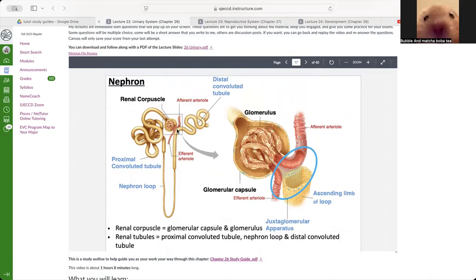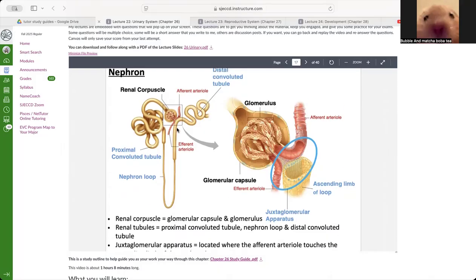The ascending limb of the loop comes into contact with the efferent arteriole that extends into the glomerulus. So we have the juxtaglomerular apparatus. And in the nephrons, we have the renal cortex, which has the renal corpuscle, the DCT and PCT.